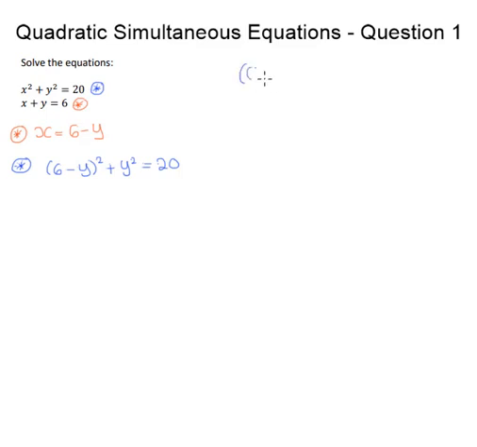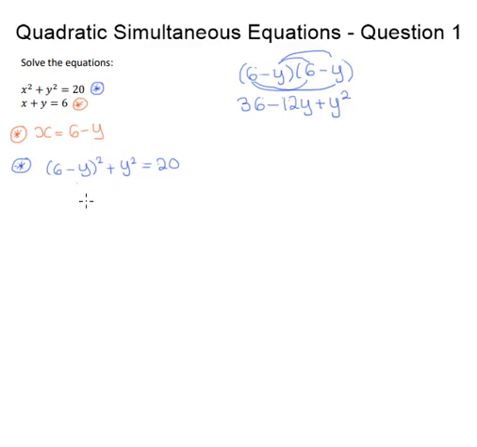Let me write that out up here: (6 minus y)(6 minus y). If I expand these brackets, I'm going to get 36 minus 12y plus y squared. If you didn't quite get that, pause the video and make sure you do your lines underneath each one and you'll get exactly the same answer as me there.